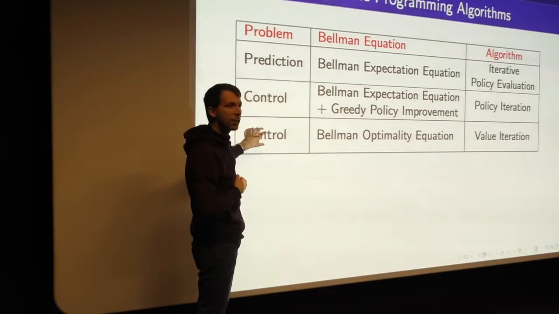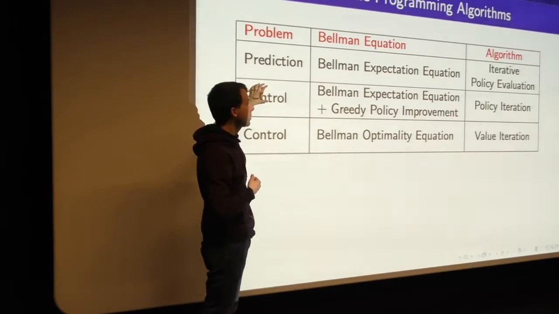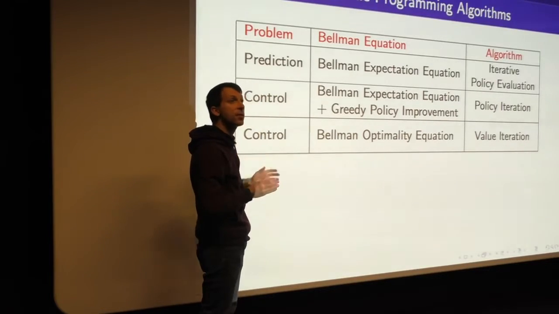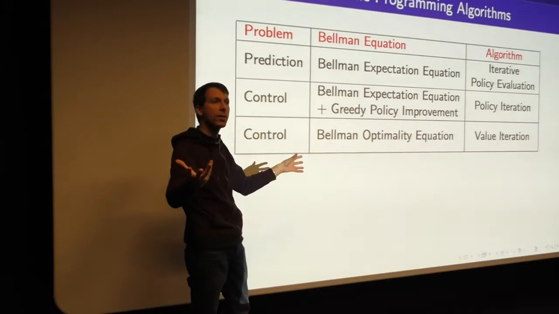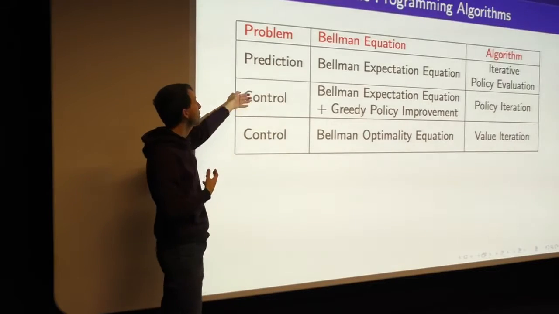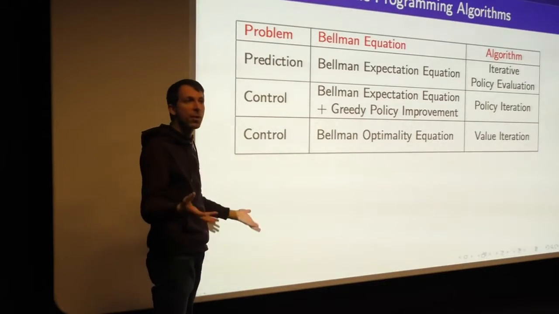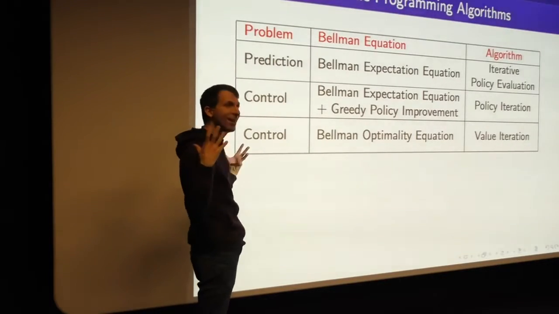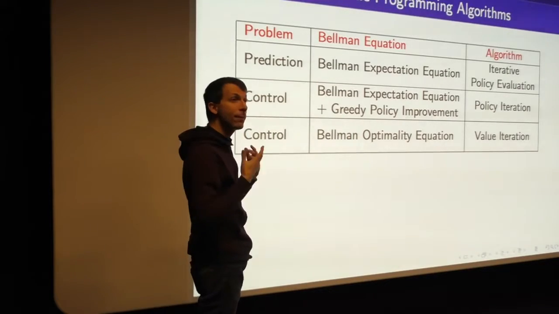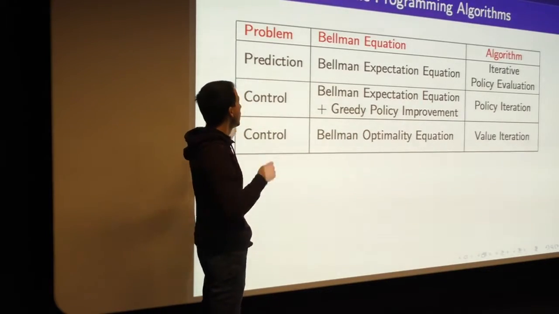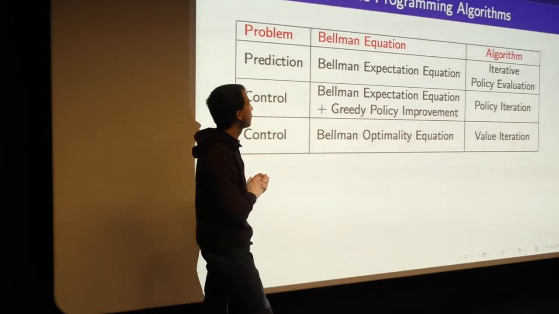Then we considered control. We considered two different ways to do control: first of all, using policy iteration, and secondly, using value iteration. These are two different families of algorithms that both address the same problem type, which is how to get the most possible juice out of your MDP, how to maximize the total reward, how to find V star now rather than V pi, and hence the optimal policy.